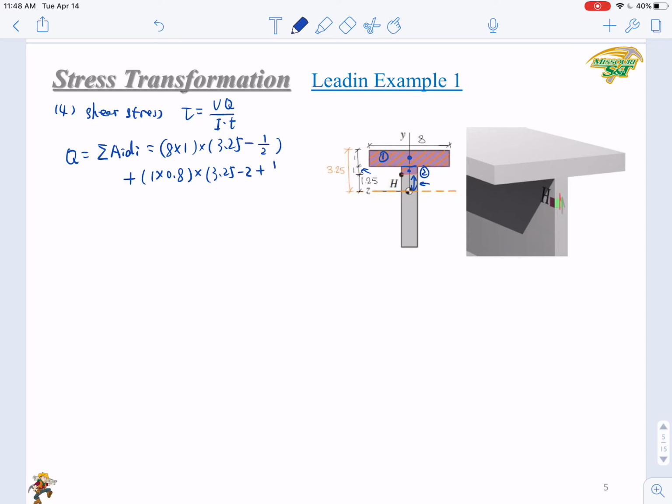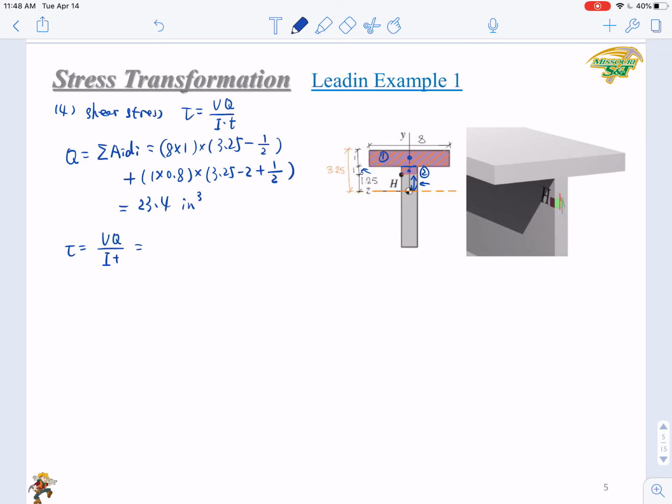That is also 1/2. Okay, so the result of this calculation would be 23.4 cubic inch.